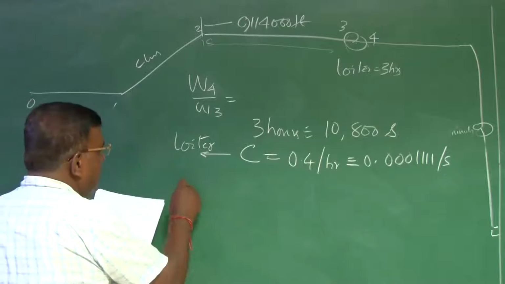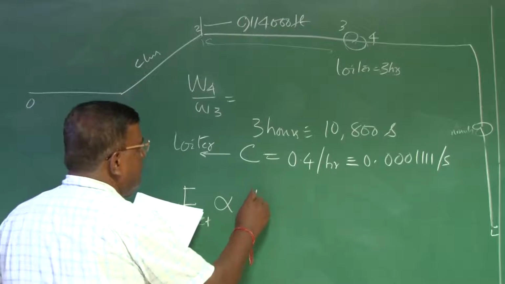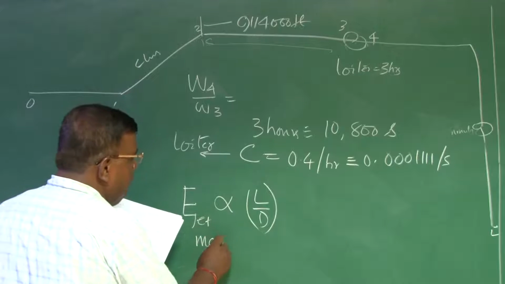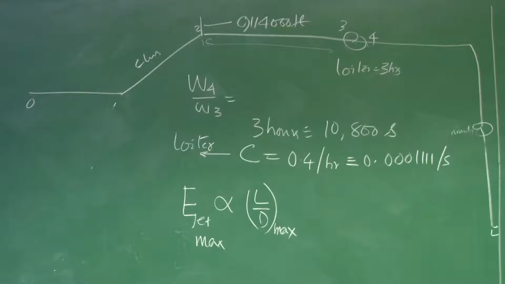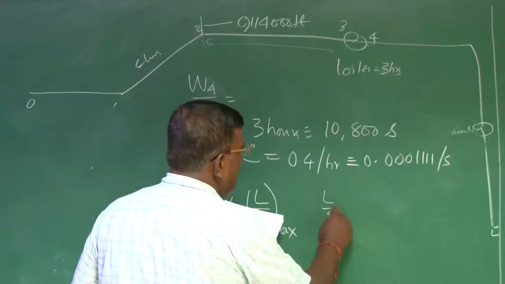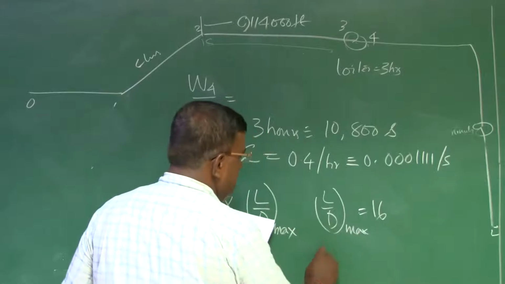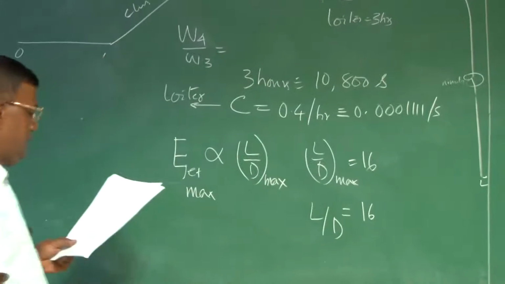Now, if you go back to the formula for endurance for jet, you will see it is proportional to L by D. So if you want E max, you have to fly at L by D max. Unlike the range case, where you have to fly at 86.66% of the L by D max. So now the L by D max, since we have chosen around 16, the L by D required for loiter estimation will also be taken as 16.